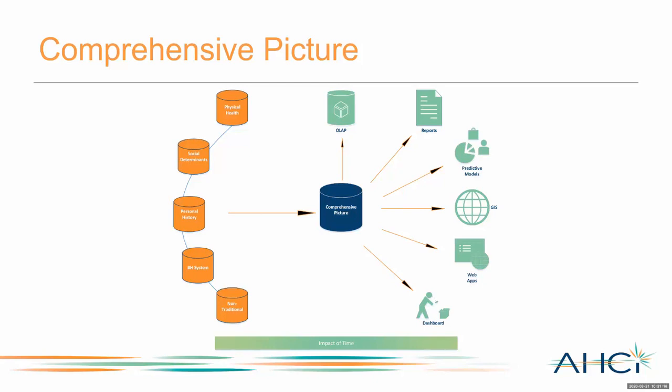Some of the outputs from the warehouse are traditional OLAP and reporting, but we also have GIS systems for geographical analysis, predictive modeling, web applications, and dashboarding, all as outcomes and tools to better serve our populations.